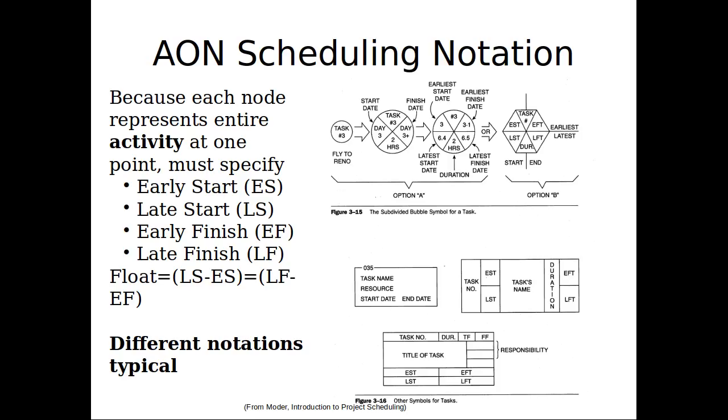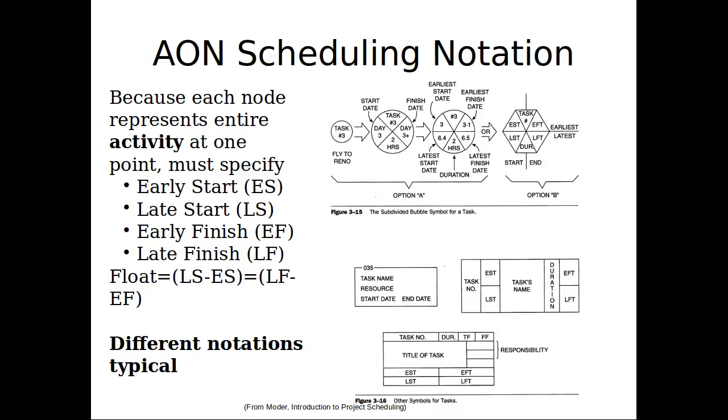Now, given that we're only dealing with finish to start dependencies, these are going to have particularly simple relationships to each other. So the early start and the early finish will differ from each other by the duration. In other words, given the early start, we could just get the early finish by adding the duration to it.